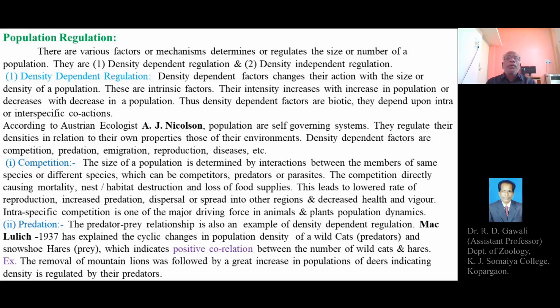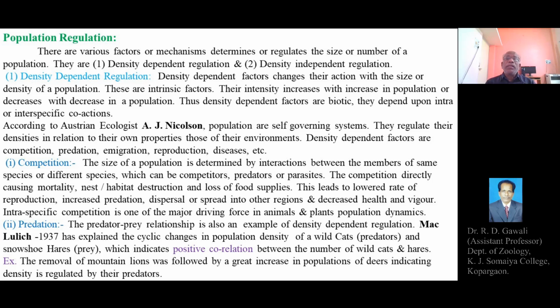As far as population regulation is concerned, these factors, which are responsible for the regulation of population size, can be divided into two categories: density dependent regulation and density independent regulation.